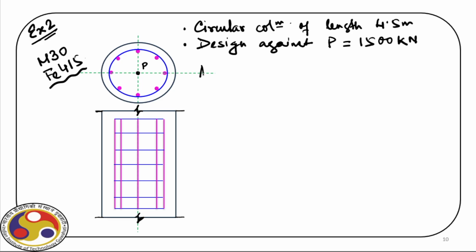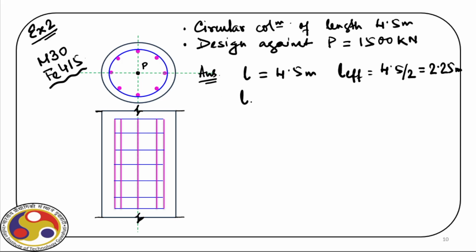So let us complete the design, and for that we start with L, which is 4.5 meter, and it's a fixed column. So L effective is equal to L by 2, so 4.5 divided by 2, which is equal to 2.25 meter. Then L effective divided by D, for a circular column.